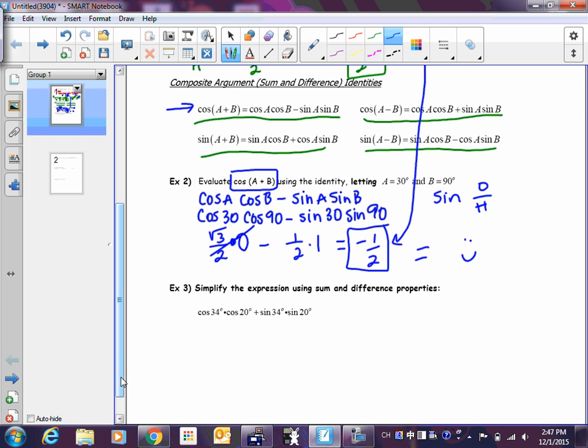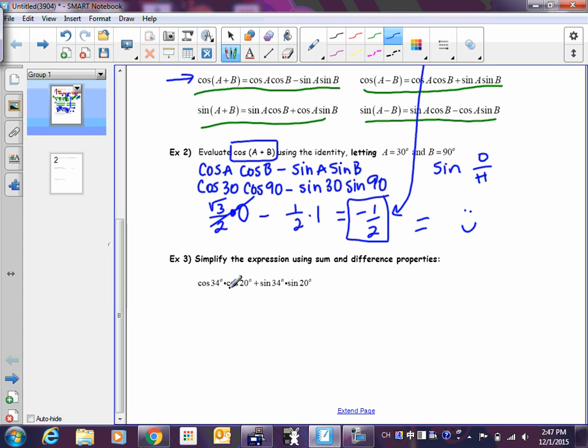So there's lots of different types of questions that could be asked using these properties. This is one of them. Okay, look at example 3. It's a little bit different. It already looks like one of the 4 formulas. Now I want you to look at the order of the cosines and the sines and the fact that there's a plus, and I want you to identify which of these 4 this is the same as.